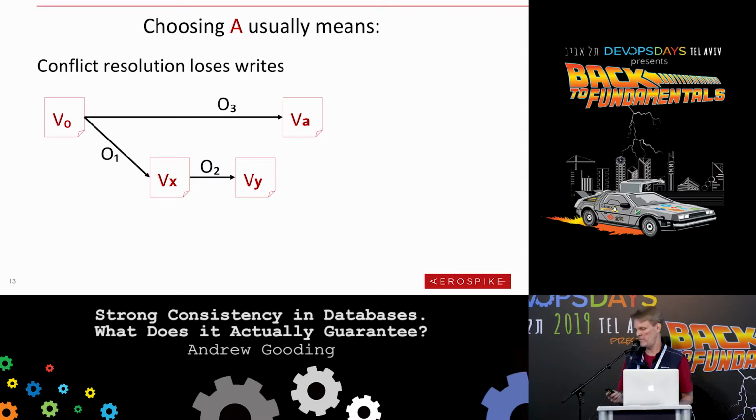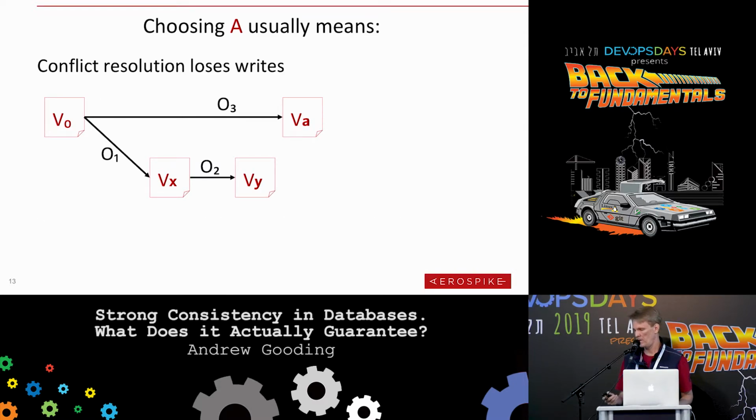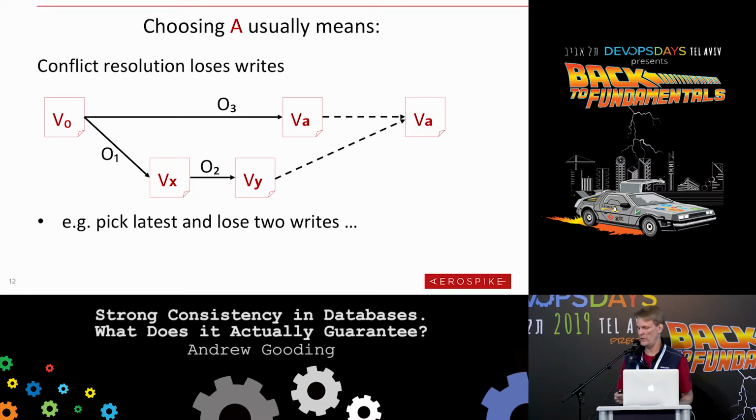Let me actually flip back to this one where you pick the latest, just to hammer home the notion that eventual consistency is incredibly use case dependent. I can claim that this is eventual consistency if my usage model is such that these operations actually don't care about the previous value. Maybe my record is just the current position of something and I don't care where it was before.